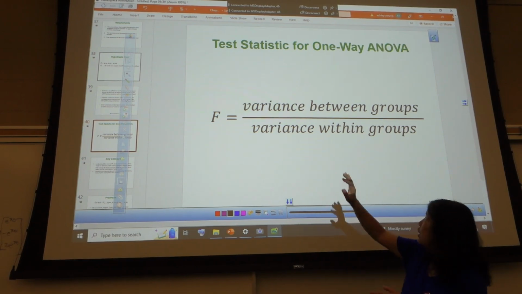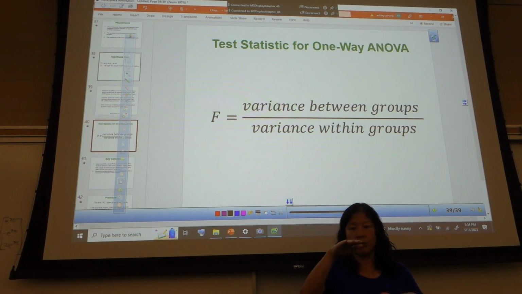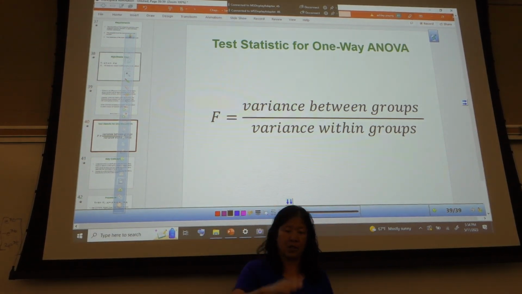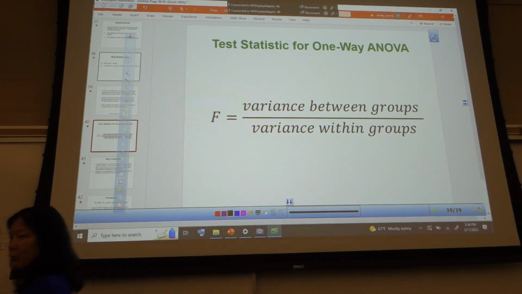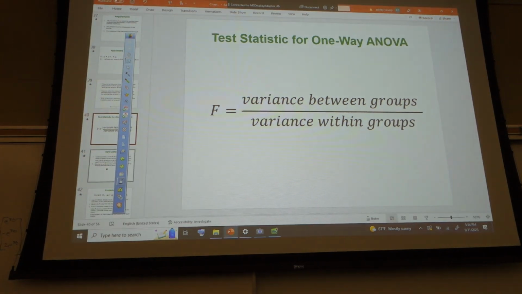It's the between group variance divided by the within the group variance, because I think it's important to understand that it's how much they vary within the group compared to how much they vary between groups. So that's that ratio. You will need to know this and use it for your exam. Is that making sense, everybody? Okay, good.